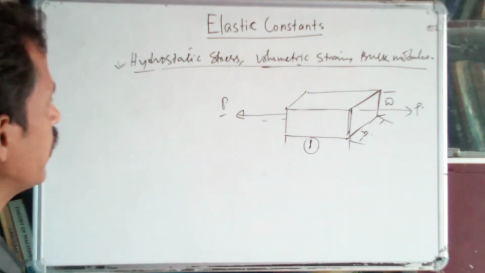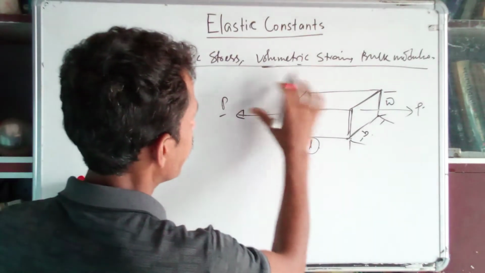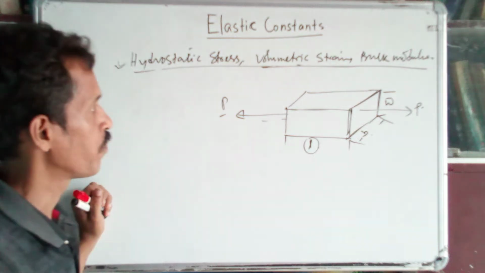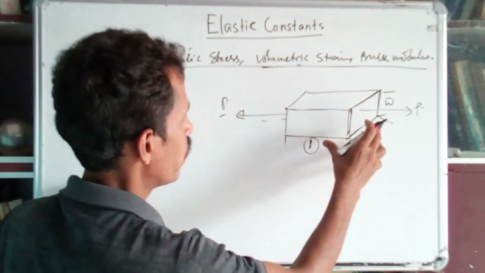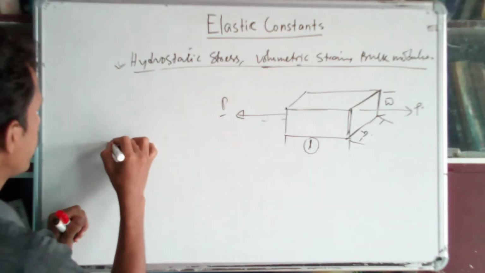So we can say the volume of the object will change. Now what is volumetric strain?